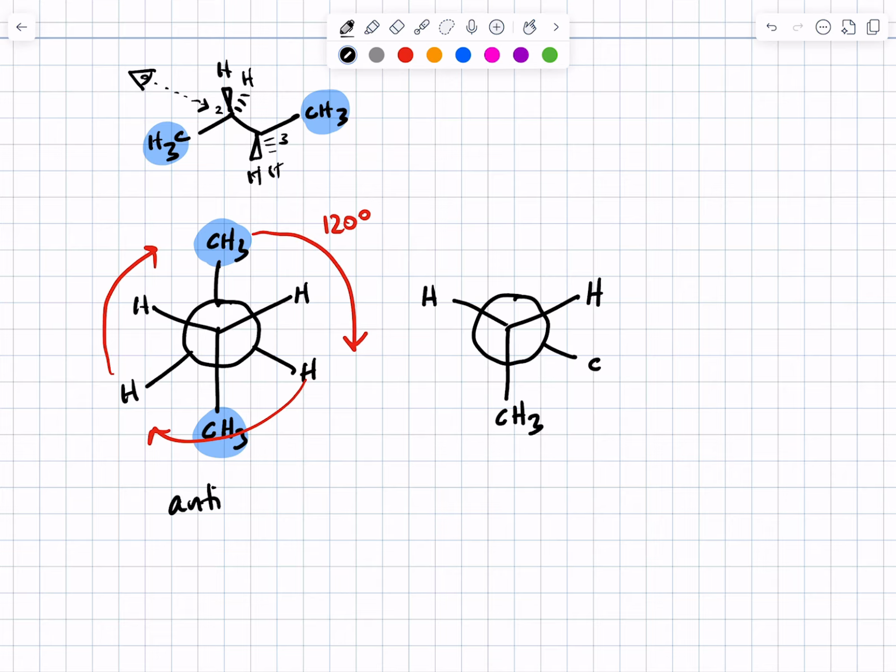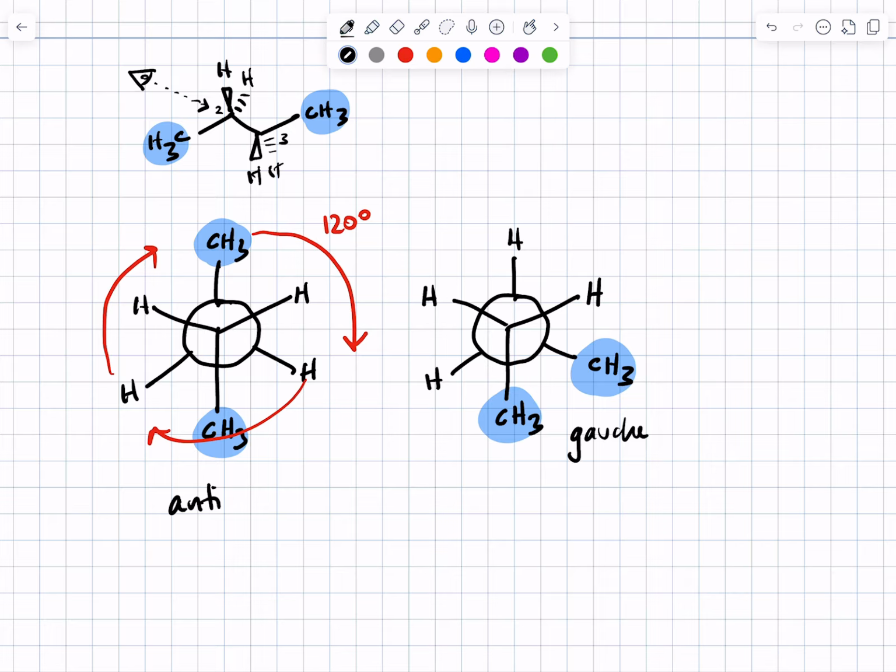So then the methyl group on the carbon in the back is going to be here, and the two hydrogens are going to be there. You see that? Those are both staggered conformations, right? But here, the methyl groups are gauche to each other rather than anti.